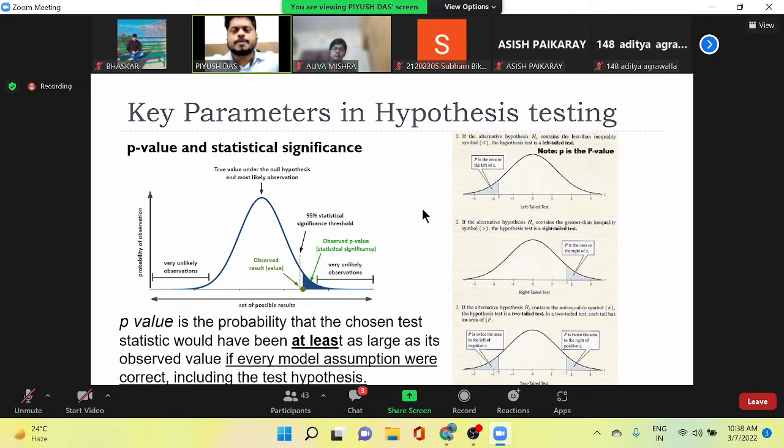So let's say I have a 50 crore Indian male population, right? Some earlier study has said that the average height of an Indian male is 5 foot 8 inches, or 5 foot 6 inches. But right now, if I do that study and collect data of 10,000 Indian males and I get an average height of 6 foot 4 inches, and I know for certain that my study is correct, I've done all randomization, I have collected data correctly, I have gone individually to measure the height, so there is no issue.